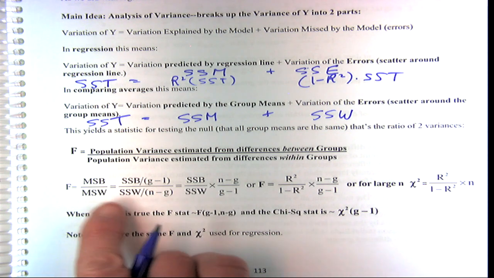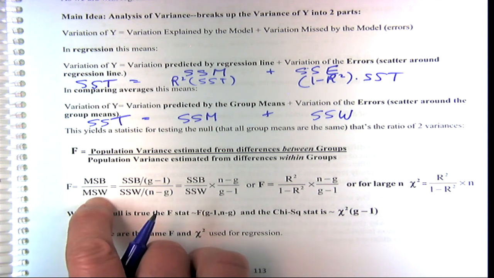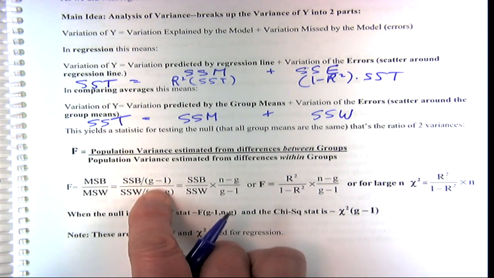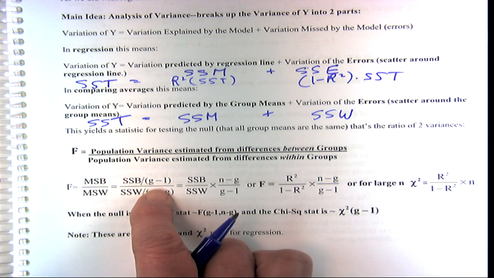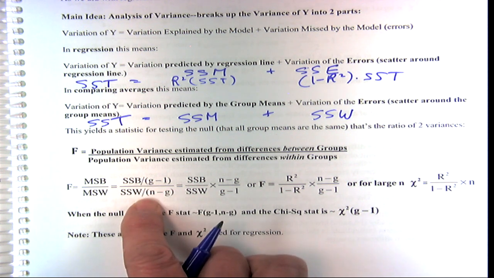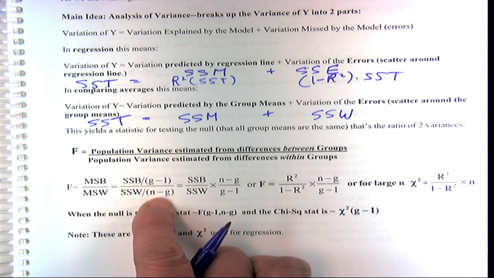That's the error. So it's signal to noise. And now what do you divide by? Well, the number of parameters are just the number of groups, because each group would have a group mean that you'd make a prediction from. And so it's just P minus 1 is G minus 1, number of groups minus 1, and N minus the number of parameters. Each group would be a parameter, whether you're in that group or not.